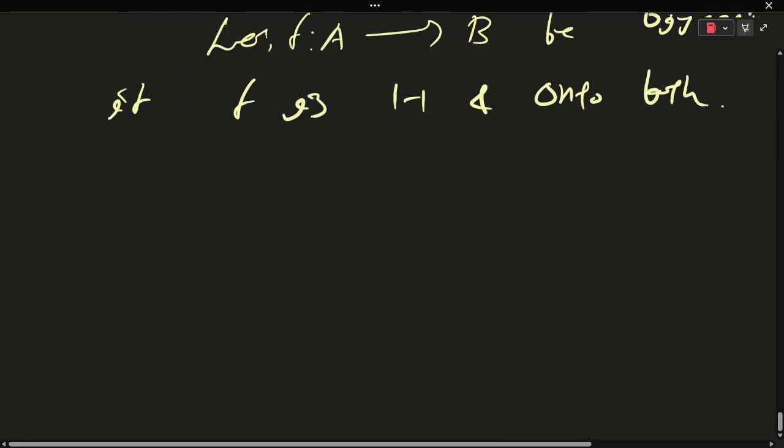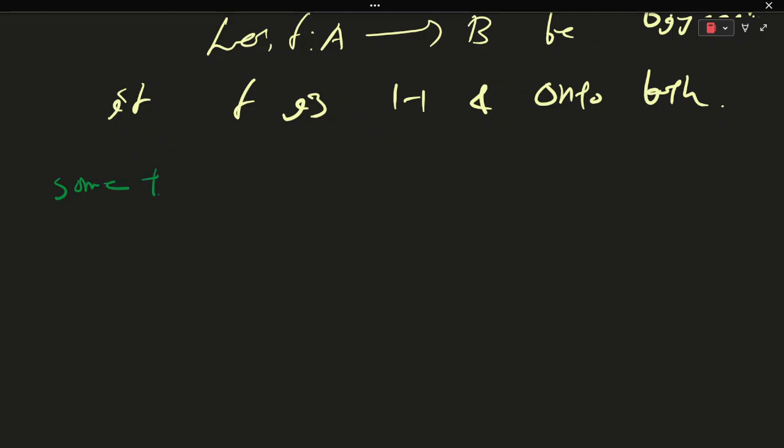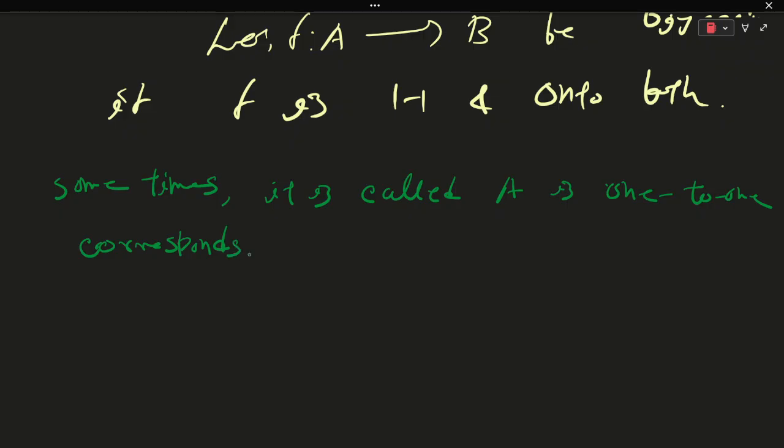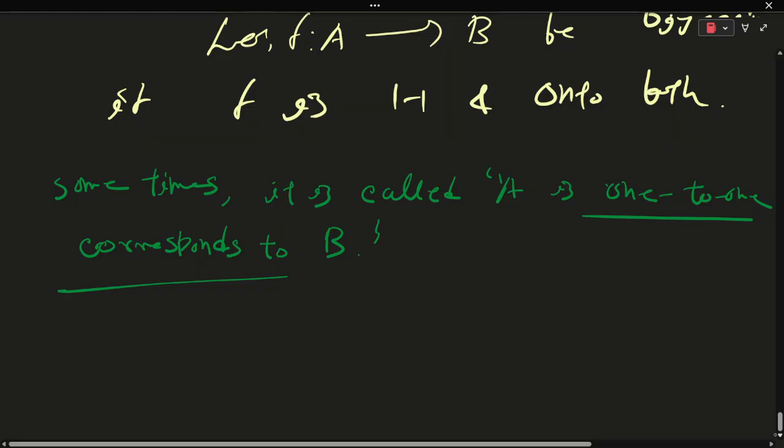Sometimes it is called a 1-1 correspondence, or 1 to 1 correspondence, A corresponds to B. In some places it may be written this way.